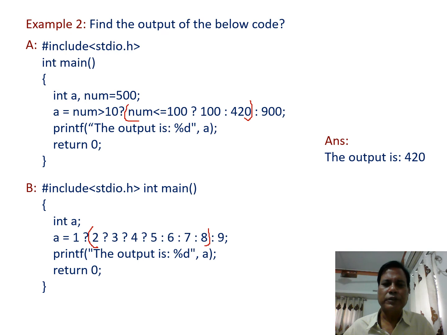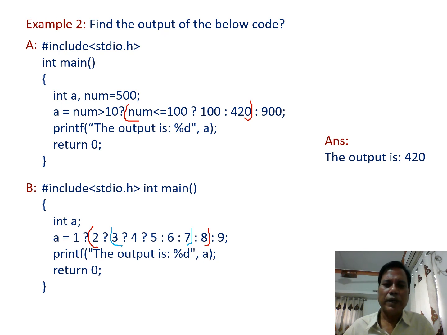Now next, again we have conditional operators nested. Again the condition 2 is always true. So again we have to identify the true and false parts. Using the right associative property, we make the association like this. This becomes the true part and after the colon this is the false part.